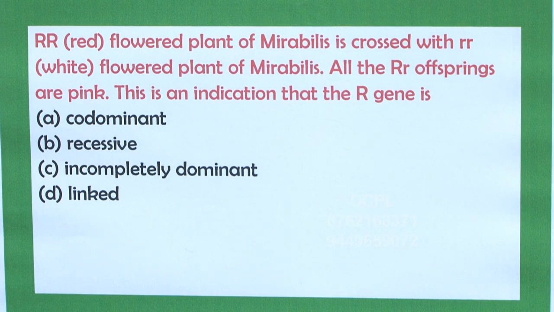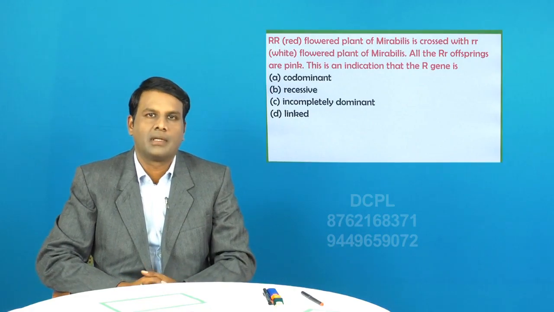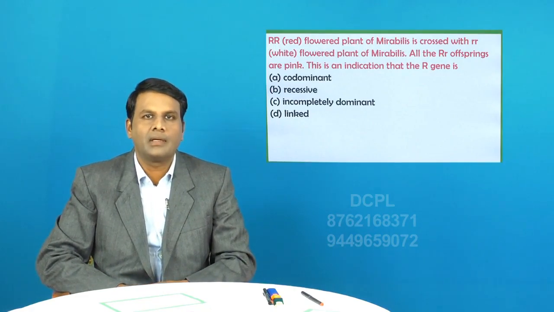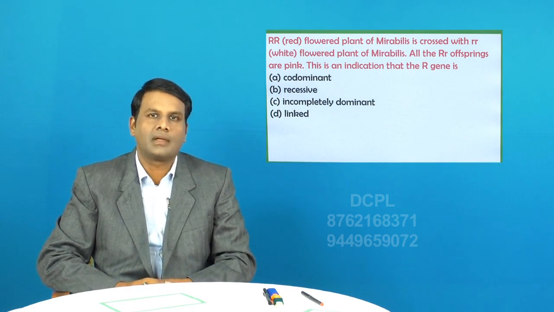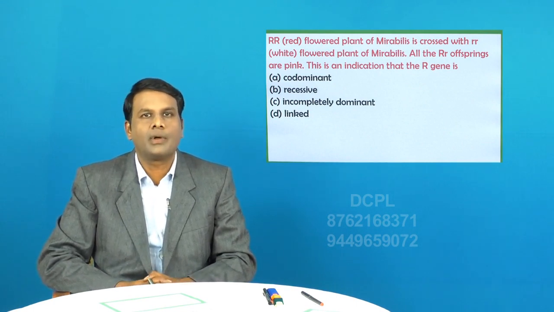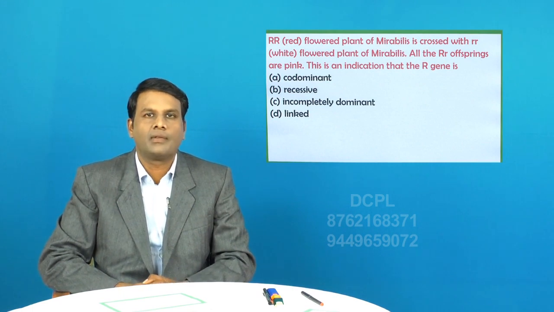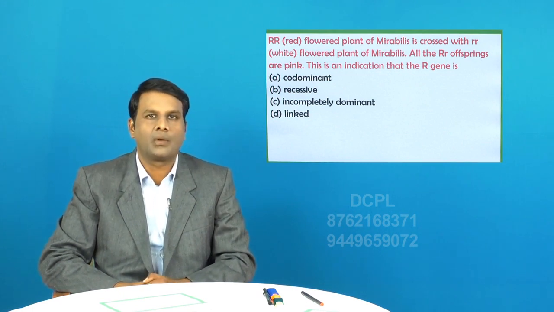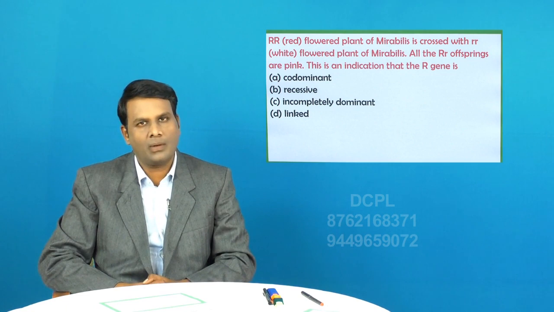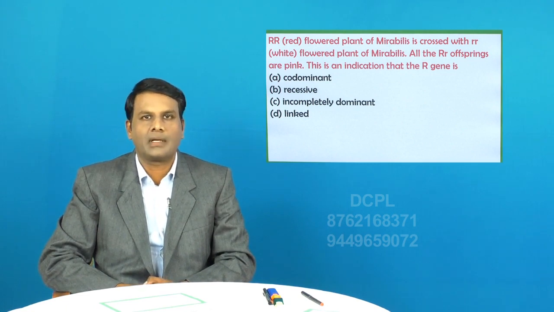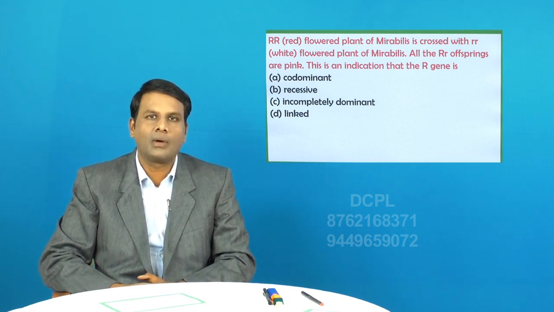In this particular question, consider option A, codominant. The AB blood group shows codominance, wherein the offspring resemble both the parents. For example, if one parent has A blood group and the other parent has B blood group, the offspring might have AB blood group. That is called codominance.